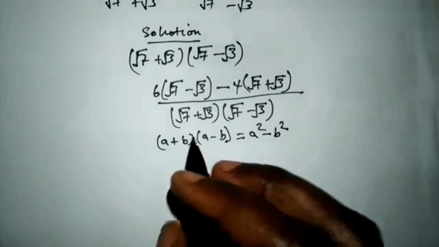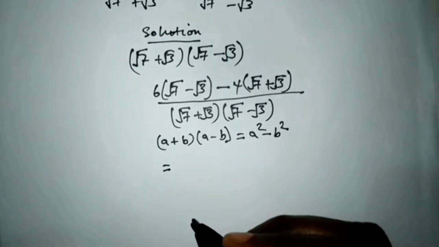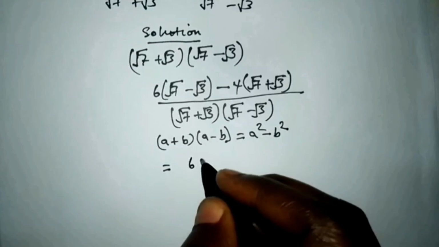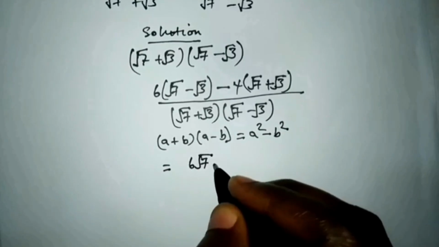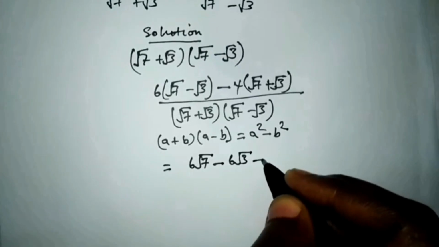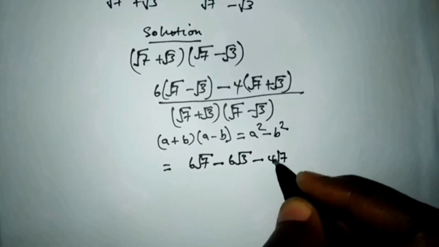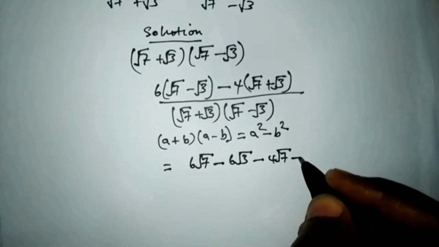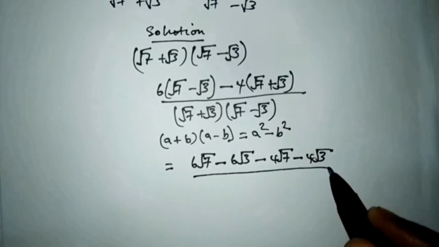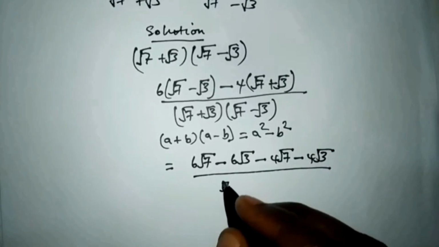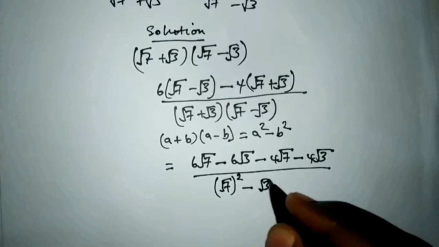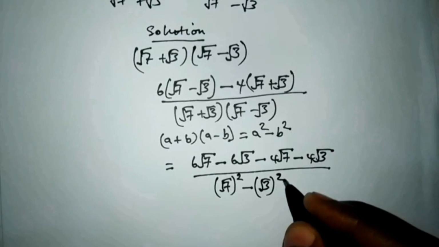Applying the difference of two squares, this is going to give us 6 square root of 7 minus 6 square root of 3 minus 4 square root of 7 minus 4 square root of 3, all over square root of 7 squared minus square root of 3 squared.